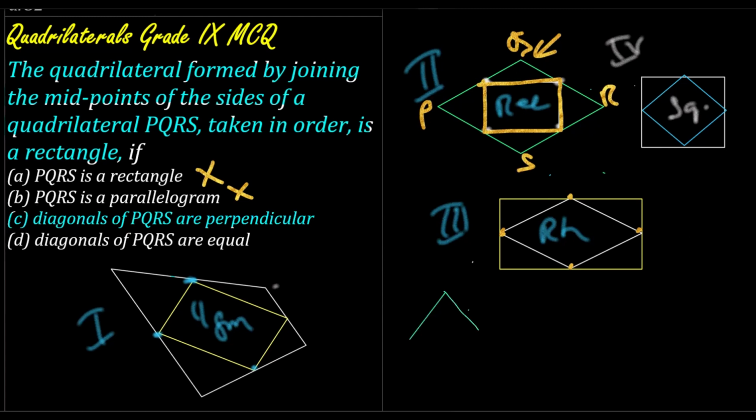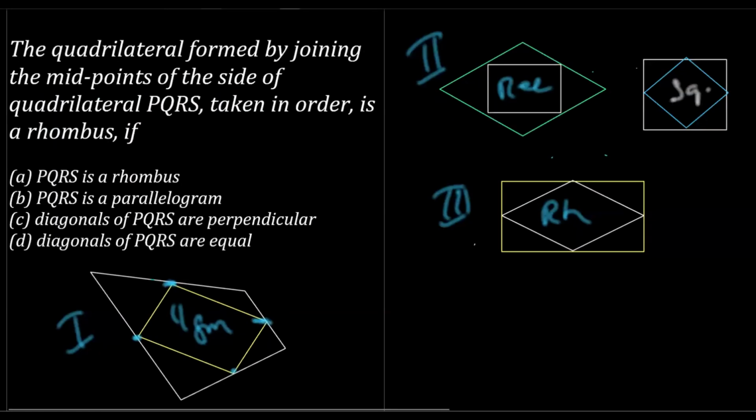This being longer than this, if you join the midpoints of this, it gives you a rectangle as well, right? So whether it's a kite or a rhombus, or maybe just that the diagonals are perpendicular, it gives you a rectangle. So this is the correct answer in this case.